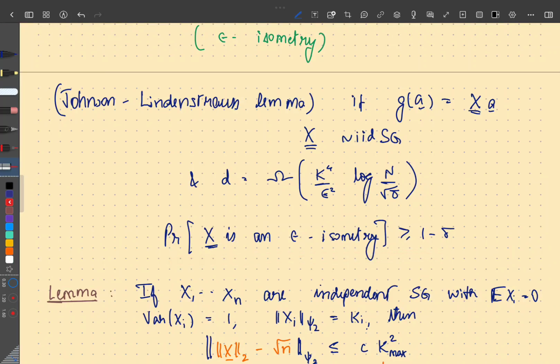Now, this was a very early landmark result. And then there have been a number of improvements to this particular result. In particular, one perhaps minor issue is that now X is an epsilon isometry, but in order to project down to the lower dimensional space, you basically have to do a matrix multiplication, right? You have to compute G of A times A_j for every vector A_j.